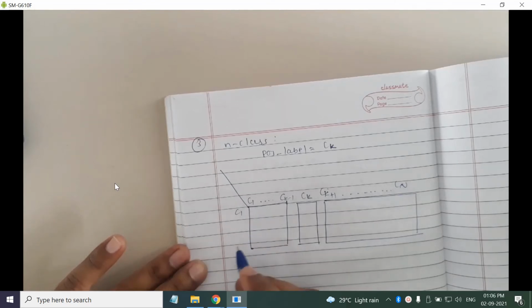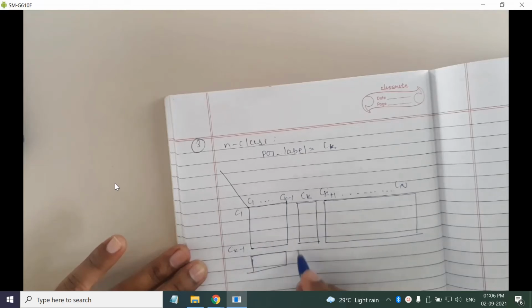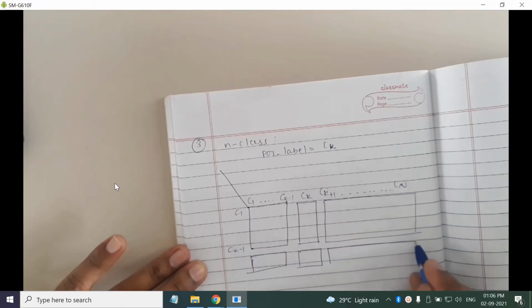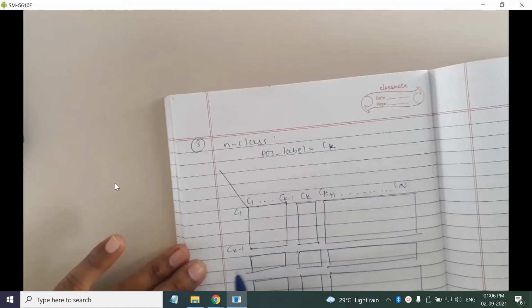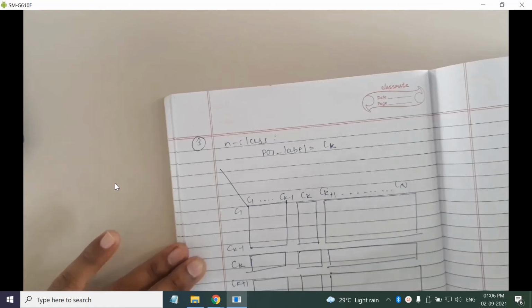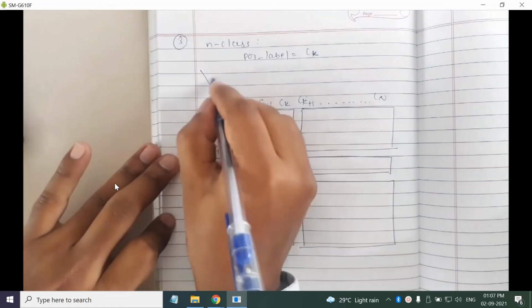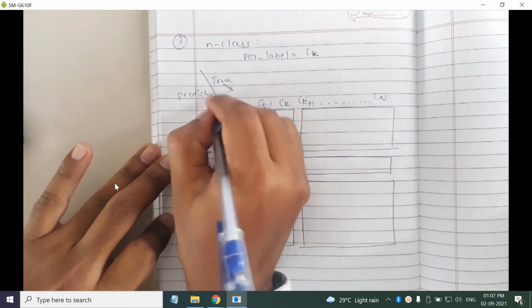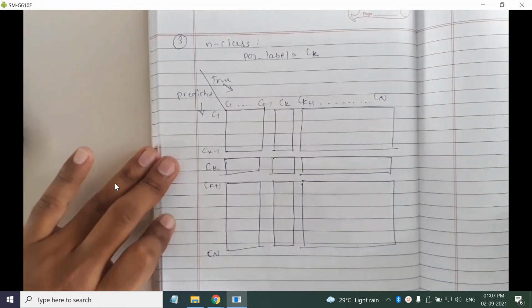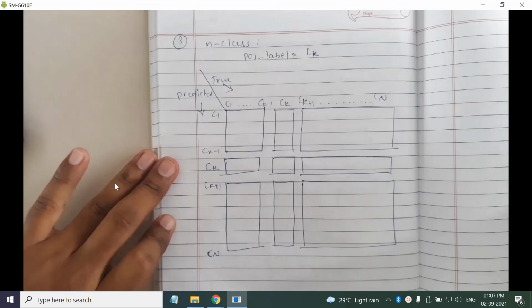Similarly here also C1 to Ck minus 1, then Ck, then Ck plus 1 to Cn. True on this side and predicted on this side.